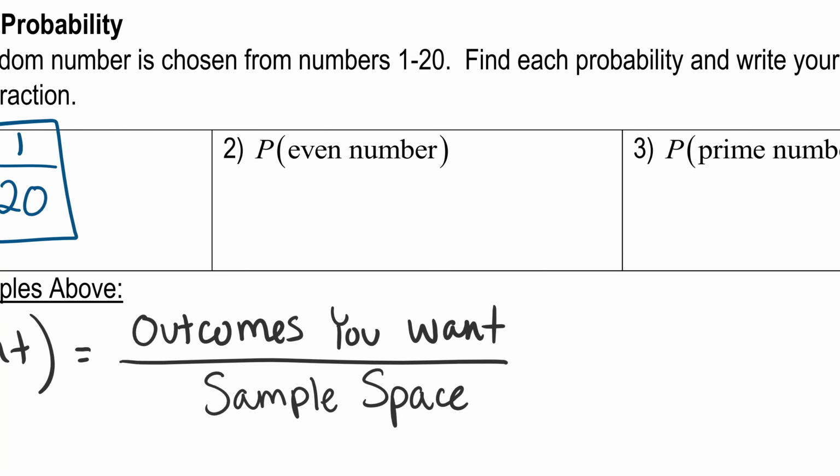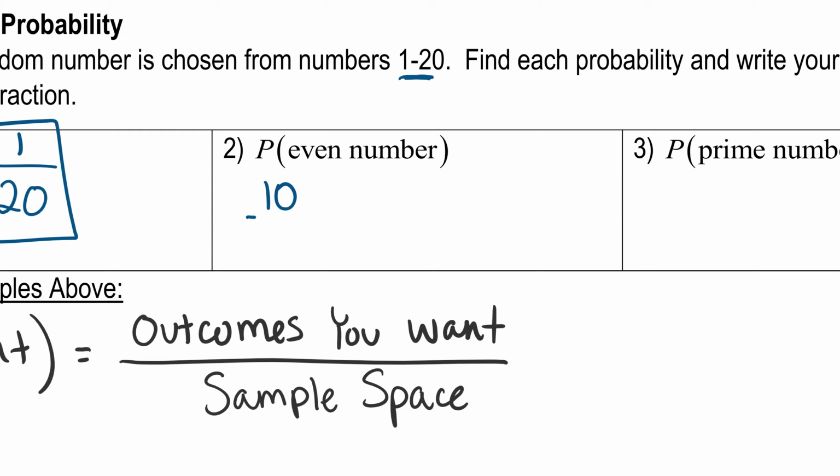Okay, now I want the probability of an even number. Well again, I'm looking at numbers 1 through 20. So if we have even and odd as the only two possible choices, half of those should be even, right? So the outcomes that I want, if I want even numbers, the total number of even numbers between 1 and 20 would be half of that, which is 10.